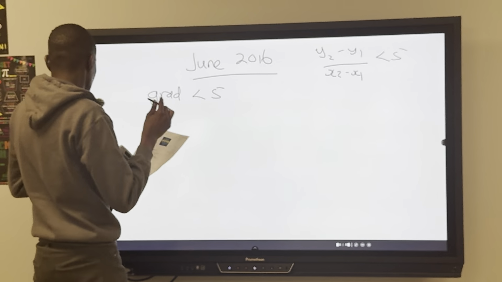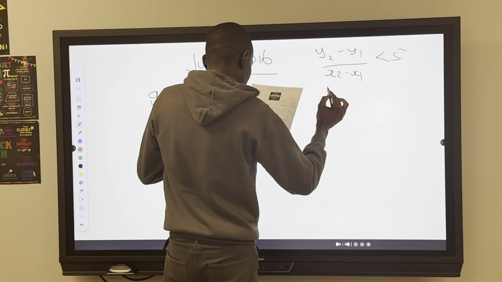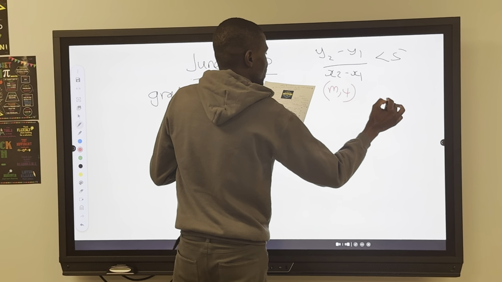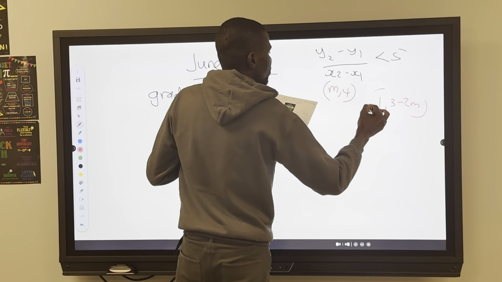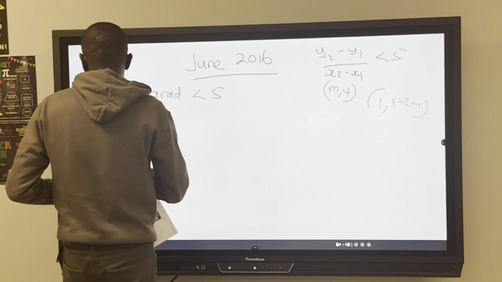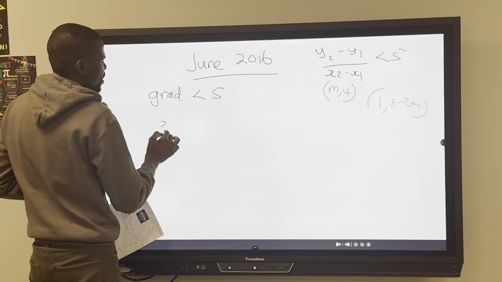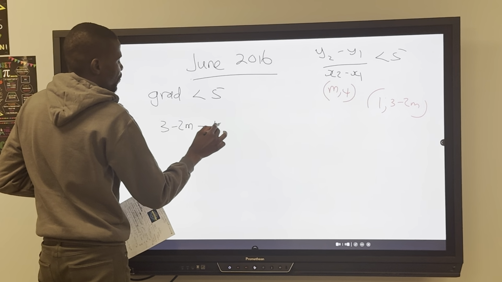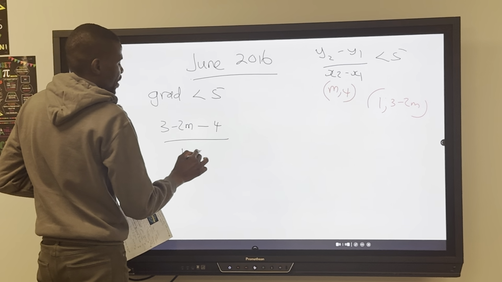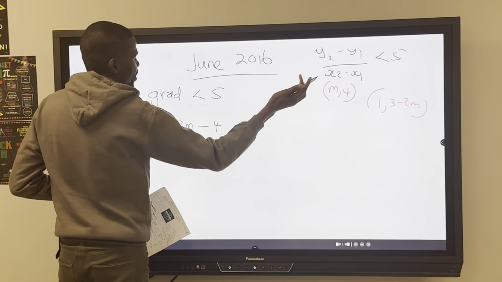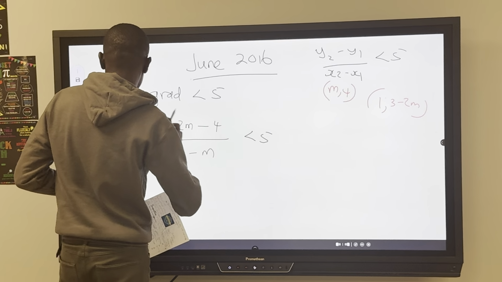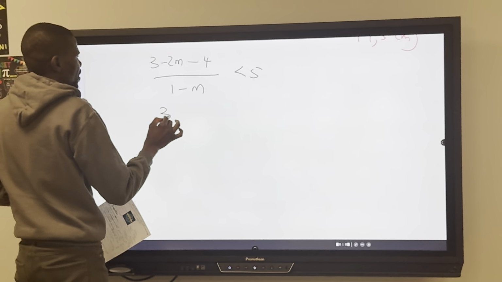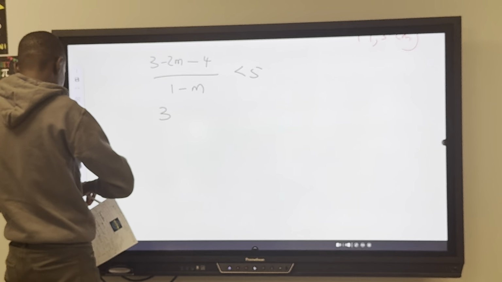So since the points are, we are given m, 4, and 1, and 3 minus 2m, I'll consider these my 2's. So it's going to be 3 minus 2m, subtracting 4, over 1 minus m. Or even you can start with this one, it's still okay. It's less than 5, right? So I have 3 minus 2m, that's negative.